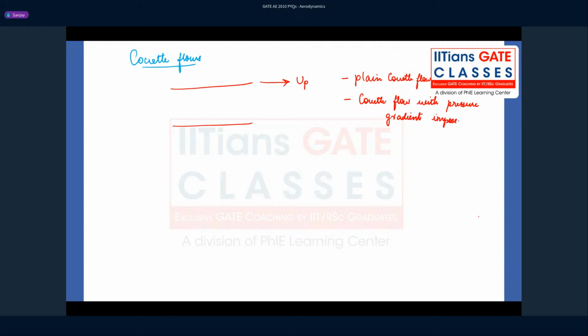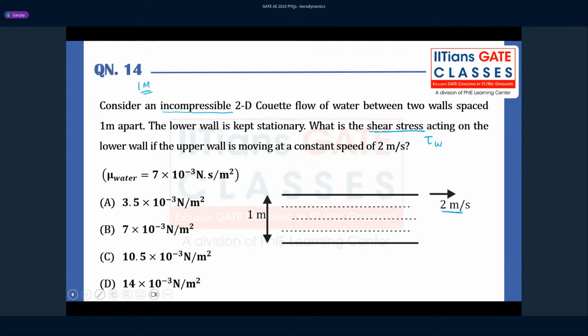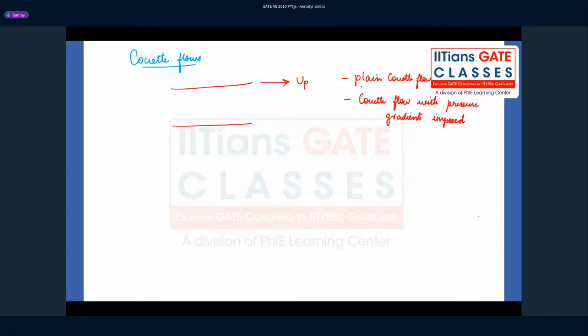So which variety of problem is given in this particular case? You can read the question. They have not said anything about any external imposition of pressure gradient, right? So this problem belongs to plain Couette flow.